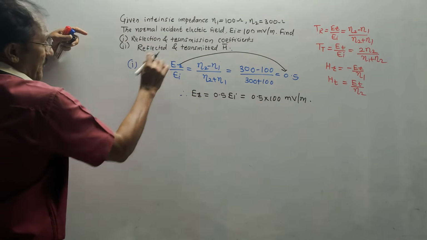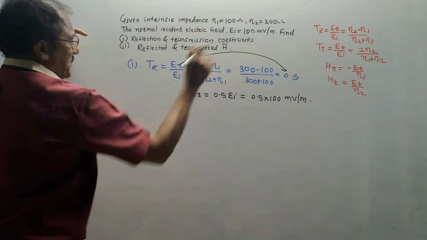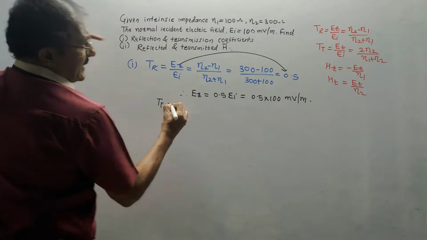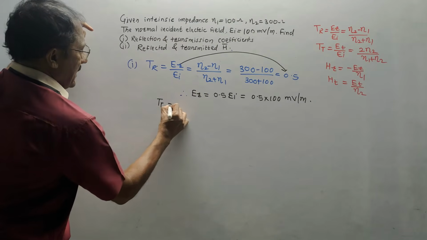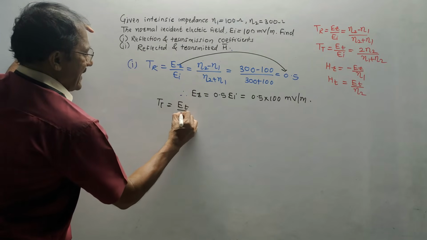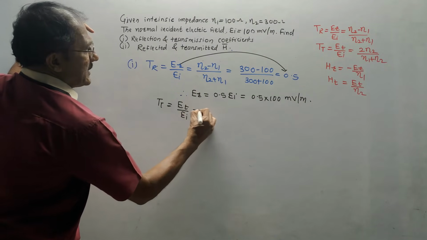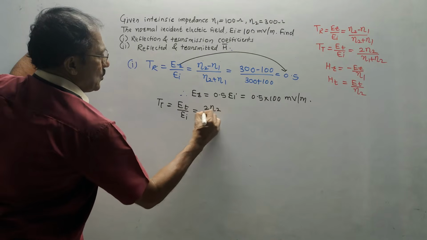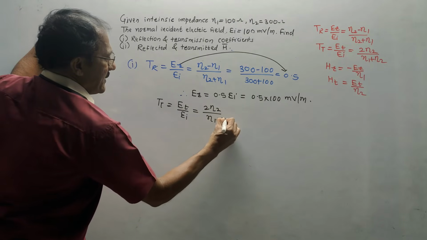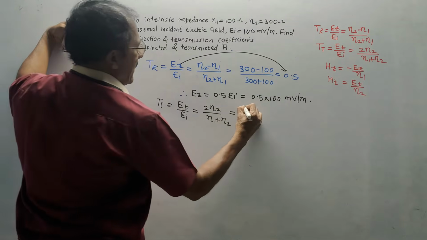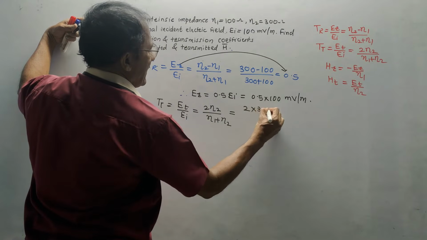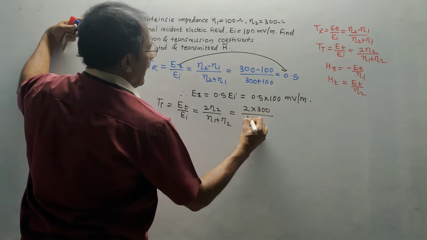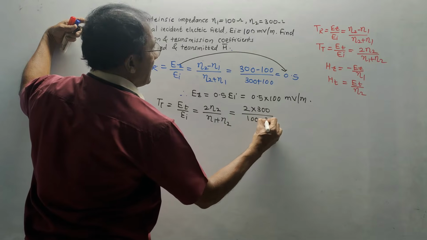Now in the first part I also need to calculate the transmission coefficient. Refer to the second formula, it is ET upon EI, which is equal to 2 eta 2 upon eta 1 plus eta 2. Again put the values, so it is 2 into 300 divided by 100 plus 300.